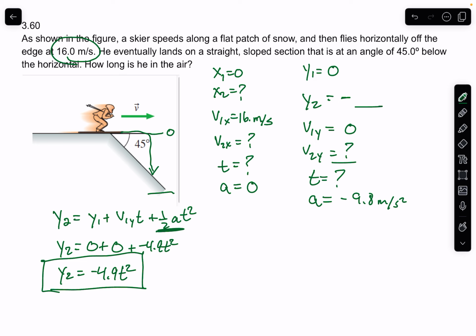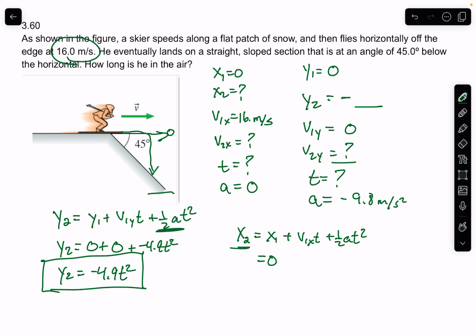What do I know about the x's? I can use the same equation for the x's. I can say x2 equals x1 plus v1x t plus 1/2 a t squared. Now, x2 is how far he's going to travel across here, but x1 is 0, so I can say 0.